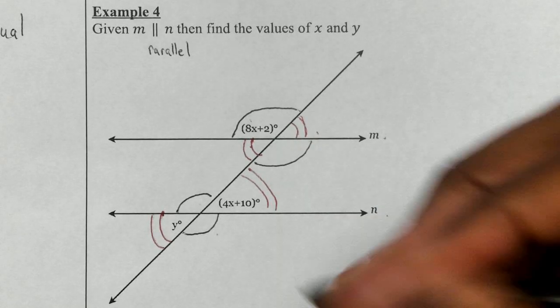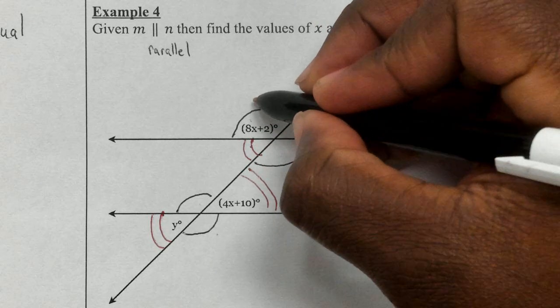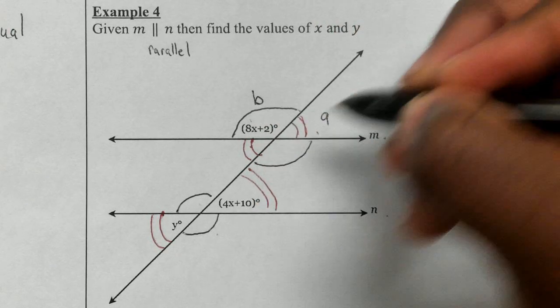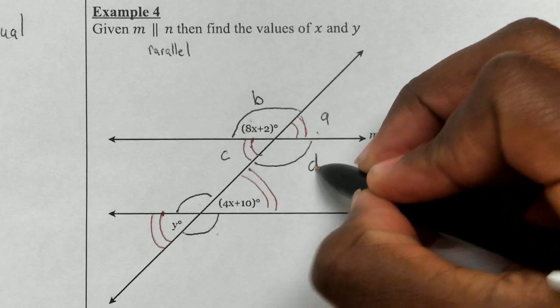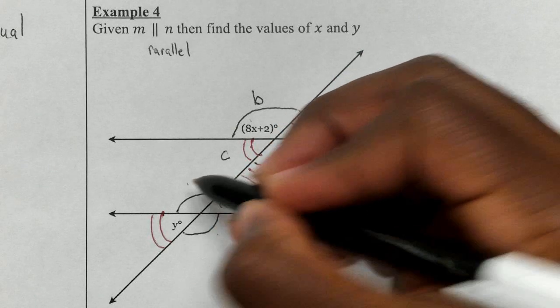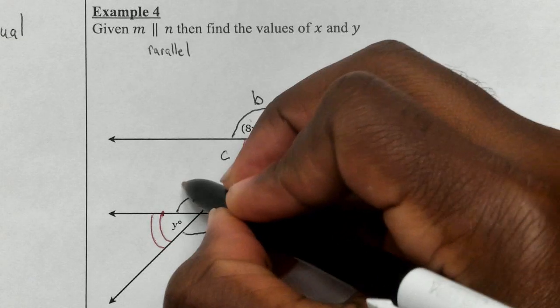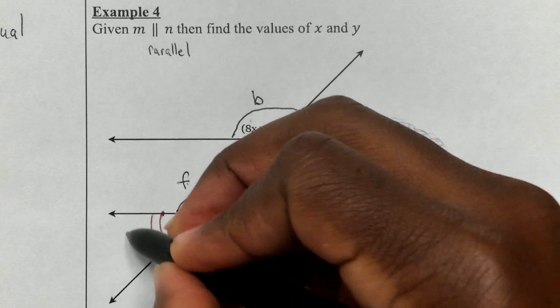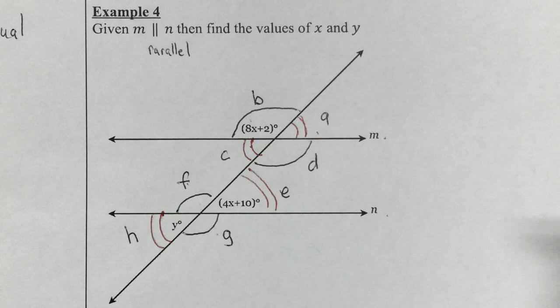A lot of times you'll see in some textbooks where they'll call this B, A, C, D, and then call this E, F, G, H, and then this is how they'll set up the theorem.